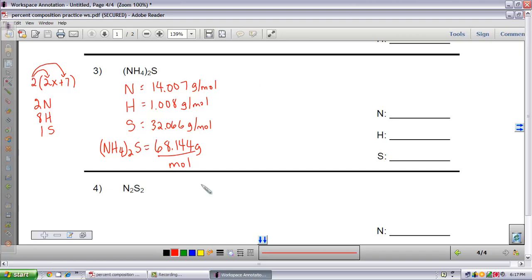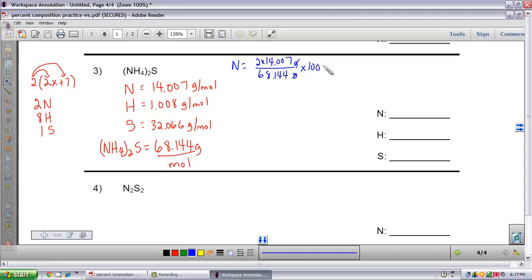So now let's look at our composition. Okay. So if we wanted to know the composition of nitrogen, the total composition of nitrogen, you have 2 of them, so instead of having 14.007, you have 2 times 14.007 on the top. And then over the total amount, which is 68.144 grams.